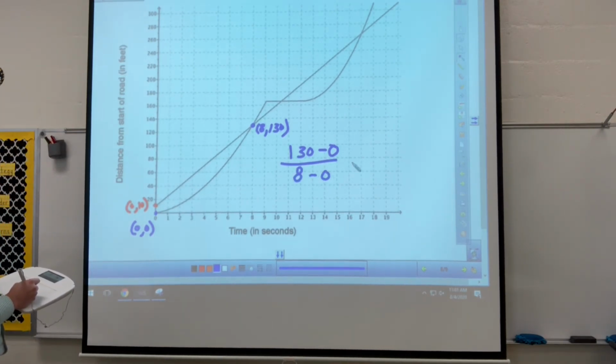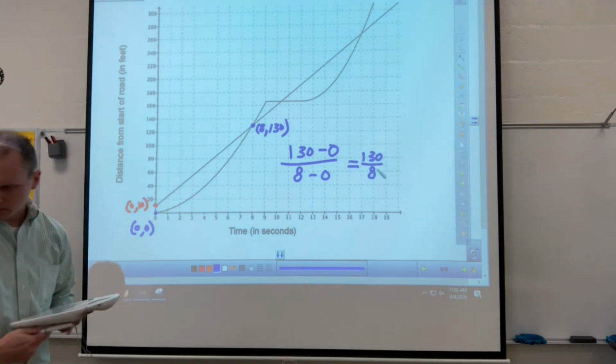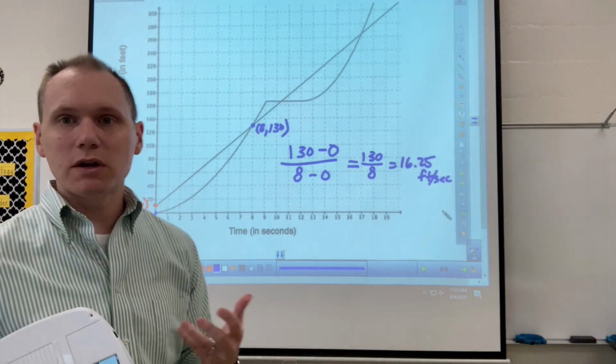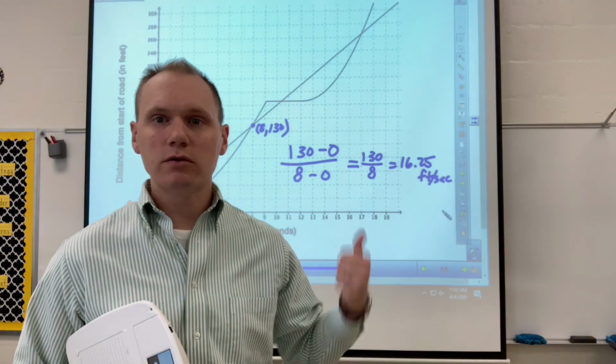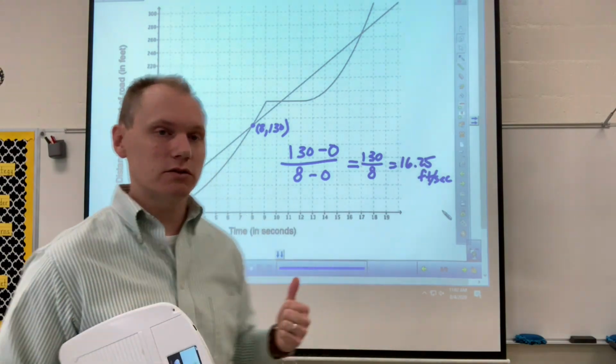So it would be 130 divided by 8, which is 16.25 feet per second. So right away we think, or at least we conjecture, that that's greater than the bike, because we thought the bike was 14 feet per second. Let's calculate it though.